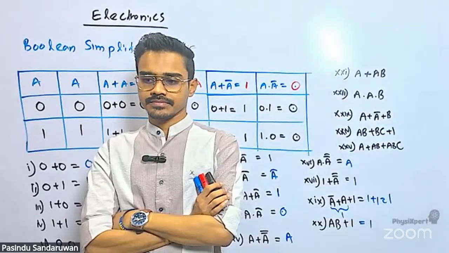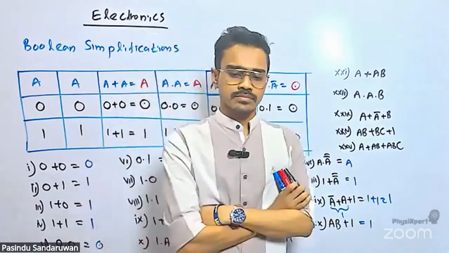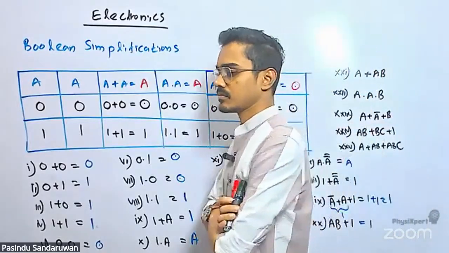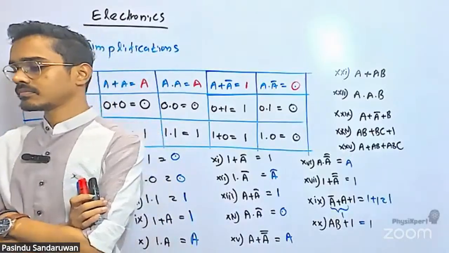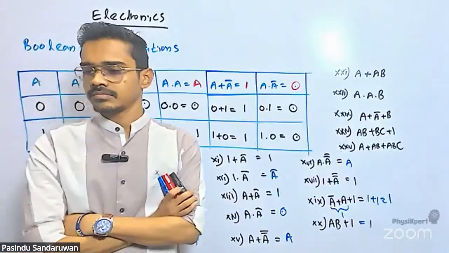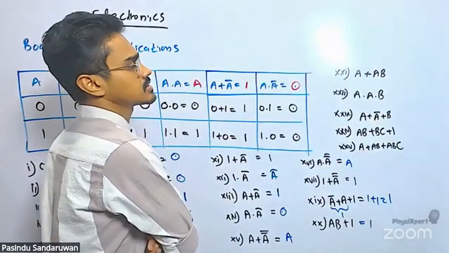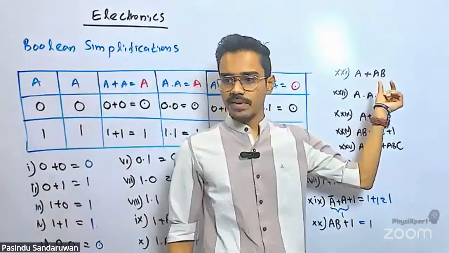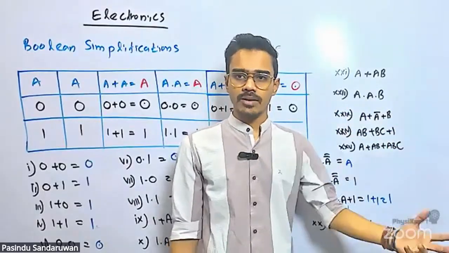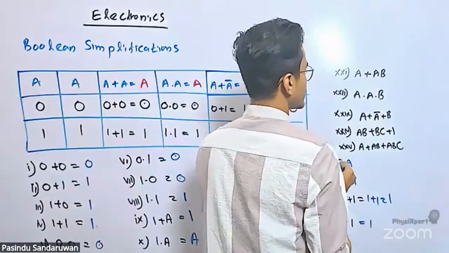Listen, for an expression like this, A plus AB, if we have common variables, we can take them out as we do in our normal maths. A is a common variable.